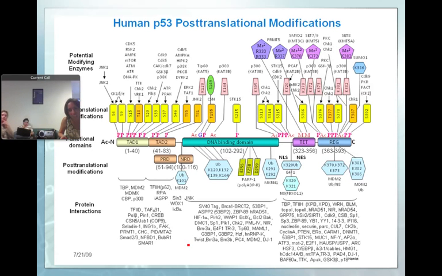And so it turns out that this SV40T antigen, for instance, the reason that they found it stuck to P53 when they discovered it was because it binds to P53 to shut it down. So this T antigen, or tumor antigen, binds to P53 and prevents it from shutting down.